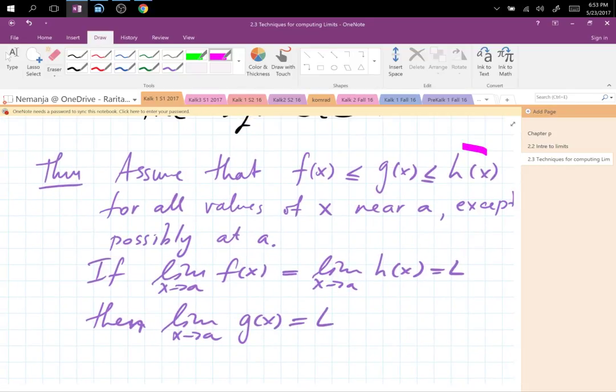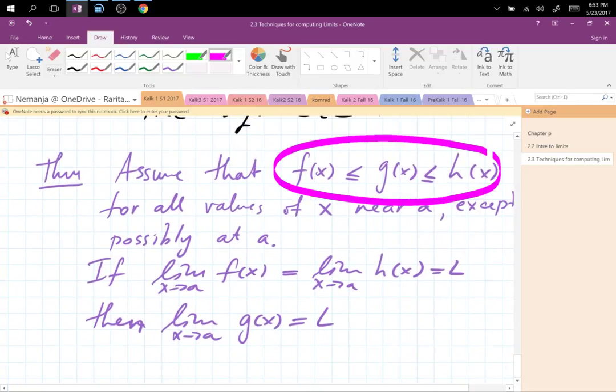You can see it's over here. It's sandwiched in between f and h. So if you are able to sandwich this bad g of x in between f and h, and you can show that f and h have the same limit, then the one that it's squeezed in between has to have that limit as well.